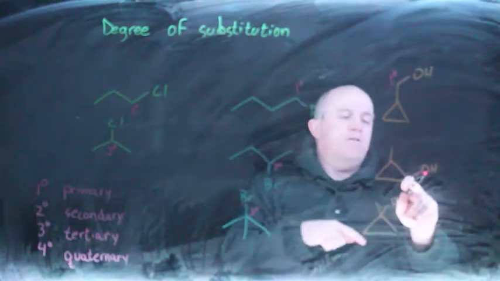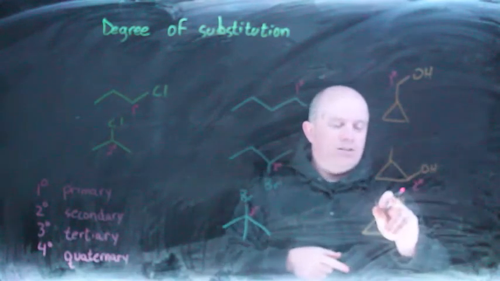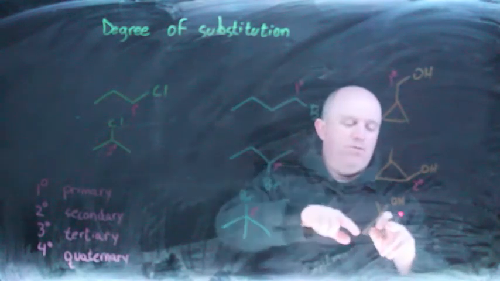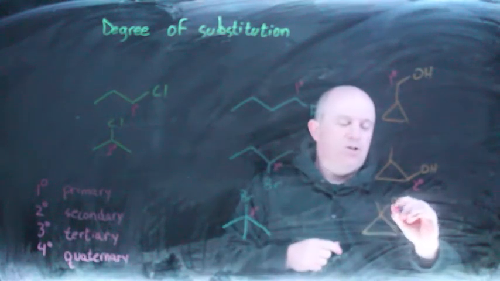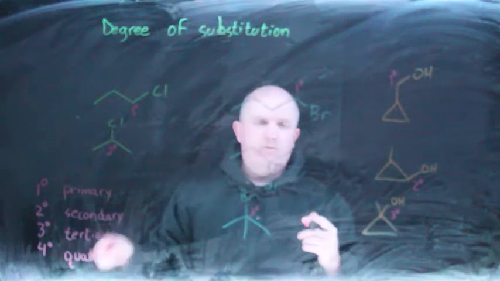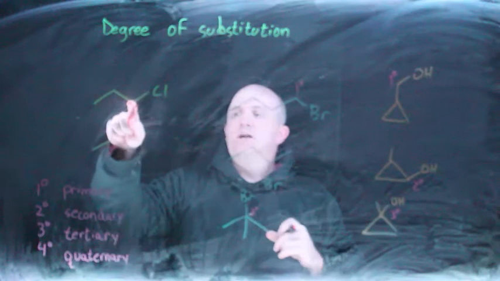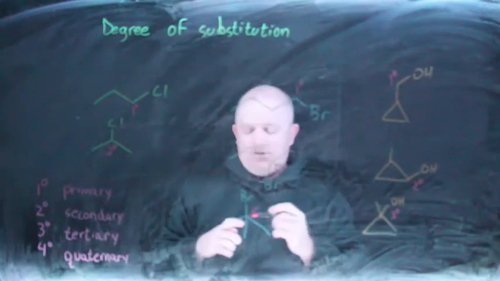This alcohol is bound to a carbon that's bound to two other carbons. This is a secondary alcohol. This alcohol is bound to a carbon that's bound to three other carbons. This would be a tertiary alcohol, and that's how you do it. Primary, secondary, tertiary, quaternary, those are the terms you're going to need, and more or less what you're doing is looking at the carbon in question and deciding how many other carbons are bound to it.